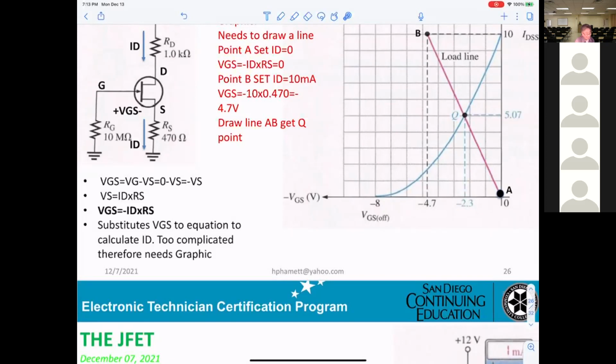If you don't have a power supply applied to the base, it's not working. Correct? However, for the JFET, if you look at this circuitry here, the gate doesn't need any power. See, they routed it here. However, it's still working. That's what they call an off device. It doesn't need that power.